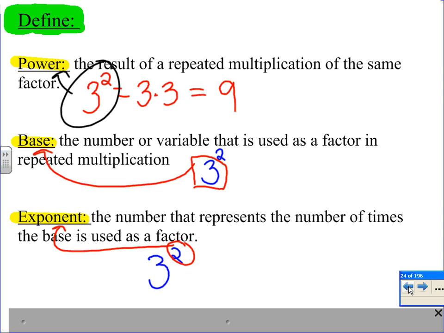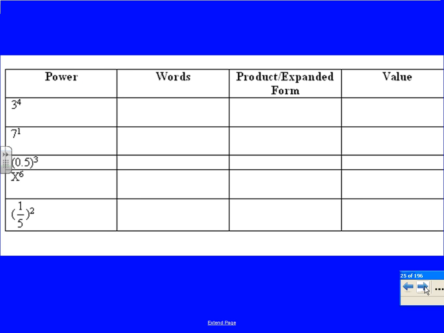It actually should only stay on there, expanded form. So just write the expanded form. The part that says value should say product. I know, I'm going to show you. That's why I said wait. All I want you to do is write in words what the first one means. Okay? That's why you have me now.